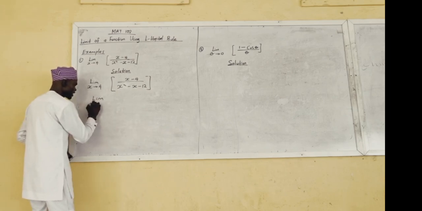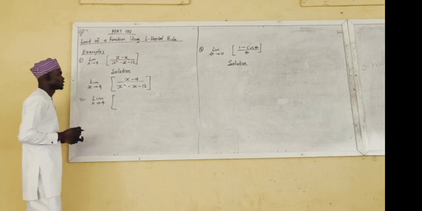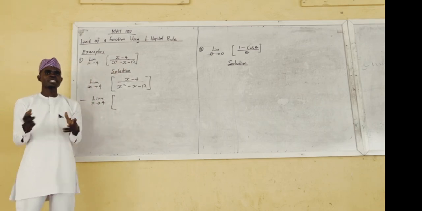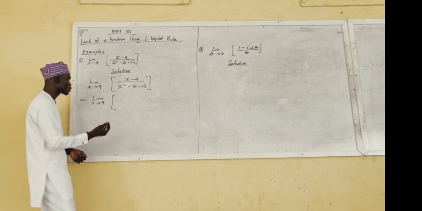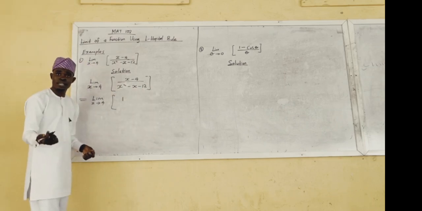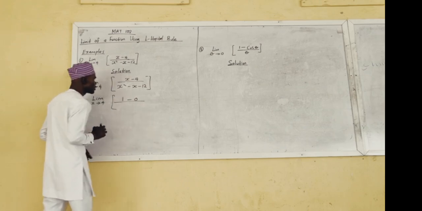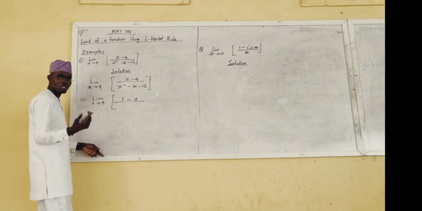Limiting the expression as x tends to 4. Now, if we should take x and differentiate it with respect to x, we are going to have 1. We take 4 with respect to x. 4 is a constant, so it returns 0. We have 1 minus 0 all over x squared will give us what?